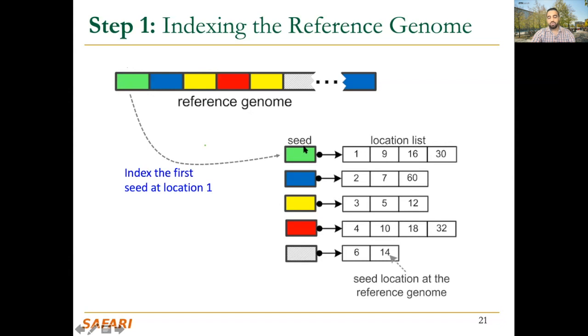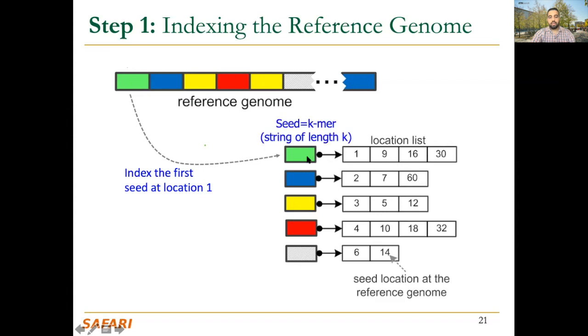In the buckets, we store the hash value. And in the second column, we store a list of locations: what is the starting location of each seed that exists in the reference genome? For example, 1, then 9, 16, 30, and so on. And we keep doing this for all seeds extracted from the reference genome.